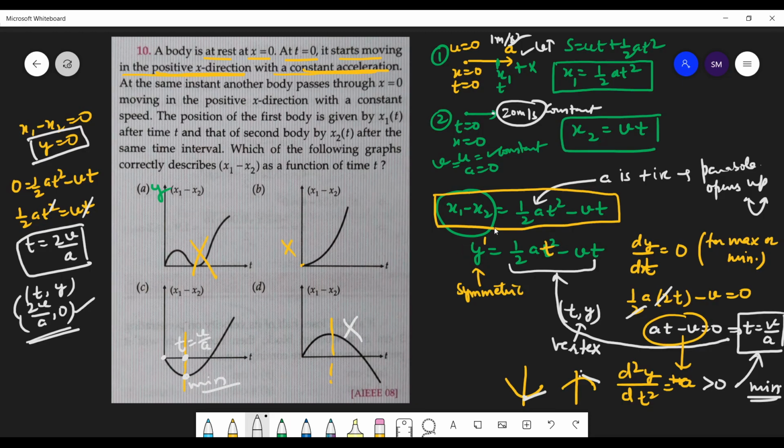So x1 minus x2, still here also you can see that x2 will be more initially, isn't it? Logically thinking. So initially x2 will be more, so this will be negative. Because x2 will be more, so this will be negative.